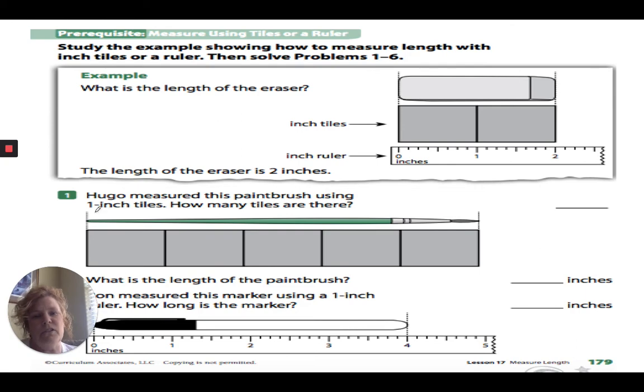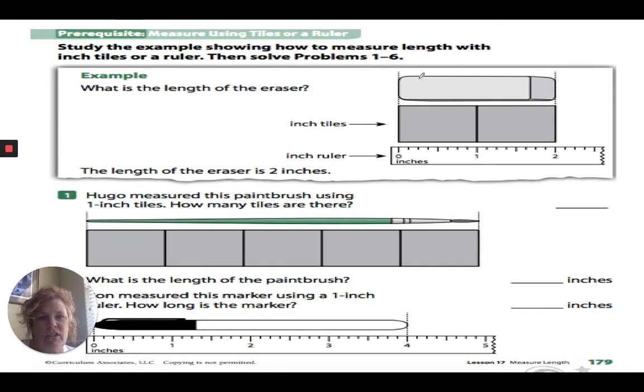All right, I'm just going to go over a couple of these because I thought that they were really important for you to see. And I had to take a picture of it so the words kind of look like they're stretched. But that's just because it's my sheet. Now, your sheet is going to look just like mine. And it says, what is the length of this eraser? So here's an eraser right here, and there's an eraser right here. There's two of them, and they're the same.